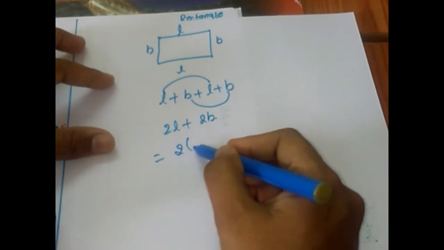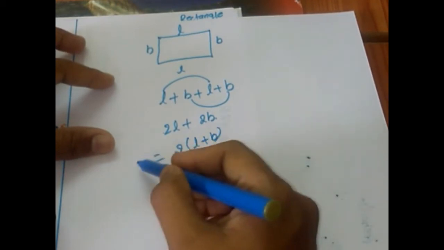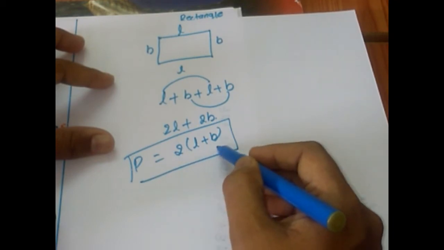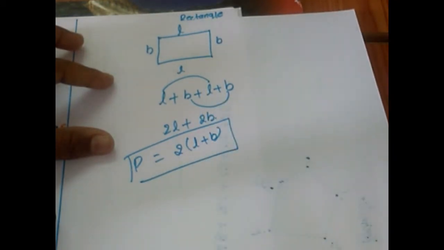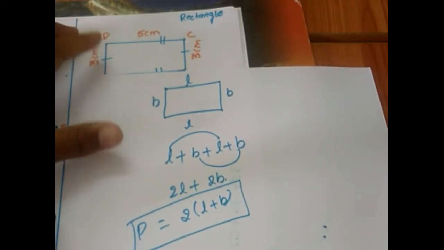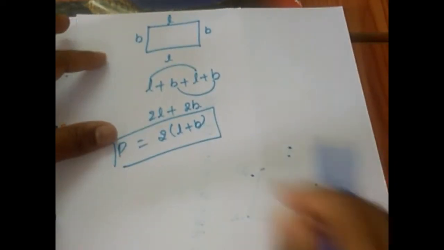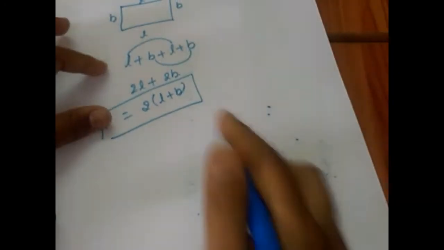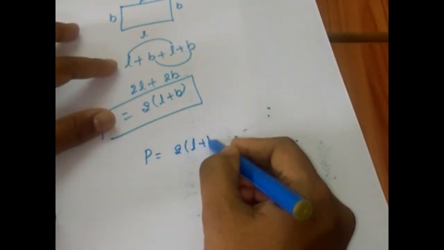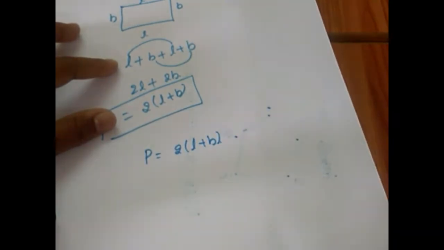After taking 2 as a common factor, we will get the perimeter of a rectangle is 2 into L plus B. So whenever we find a rectangle and there is a chance to calculate the perimeter, we are going to apply the standard formula, that is perimeter is equal to 2 into L plus B.